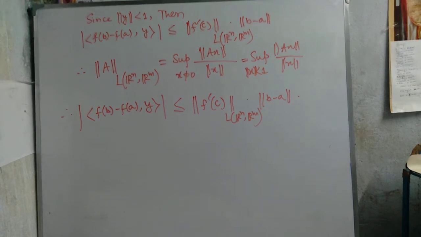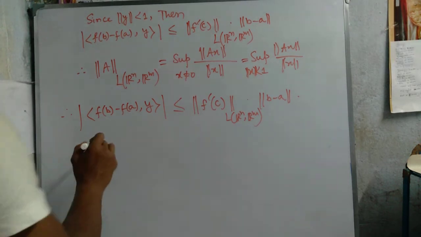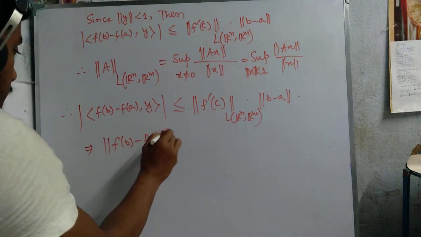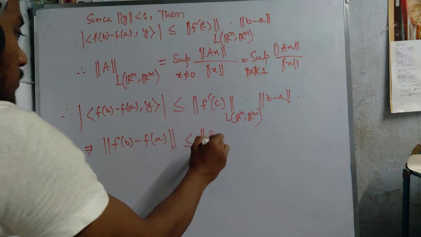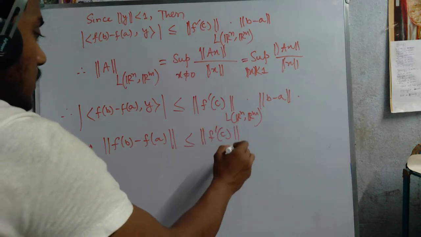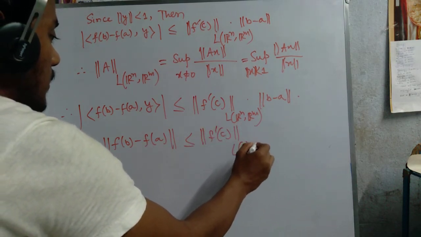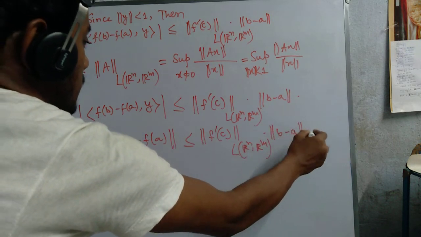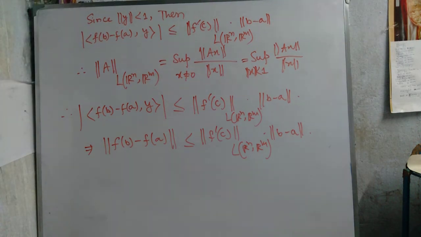So norm of f(b) minus f(a) is less than or equal to norm of f'(c) in L(Rn, Rm) multiplied by norm of b minus a.